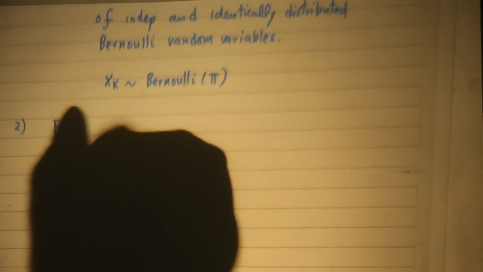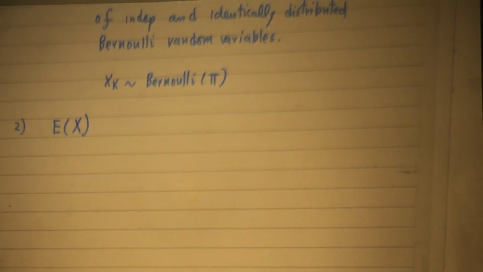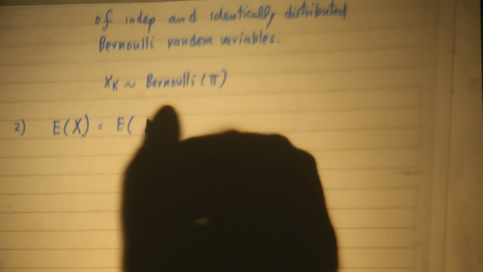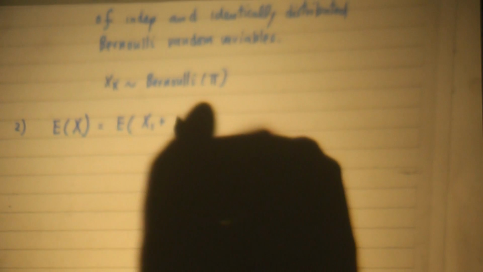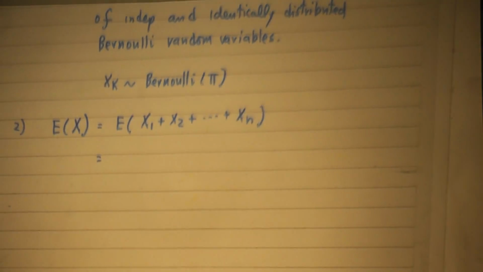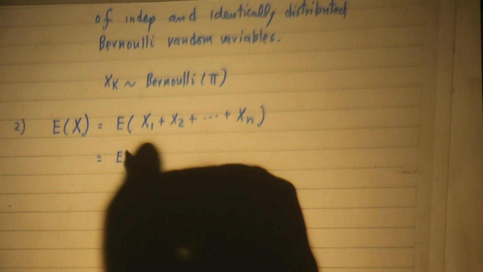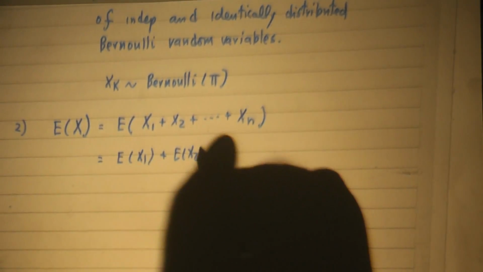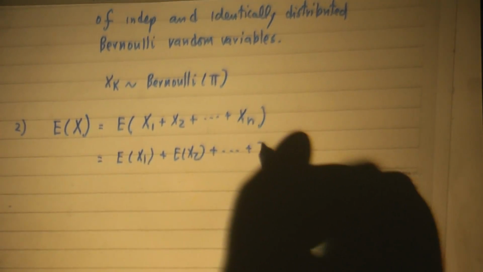Now, second one. The mean of a binomial random variable. Because we know x is equal to what? x1 plus x2 plus all the way up to xn. By applying the property of expected value, we can rewrite this one as Ex1 plus Ex2 plus all the way up to Exn.